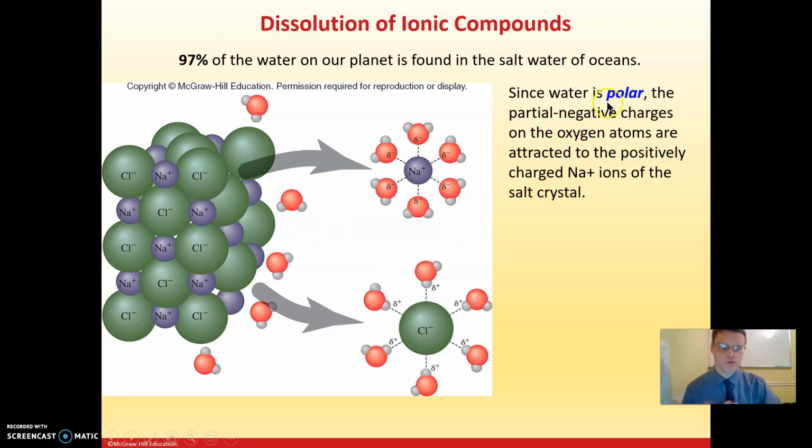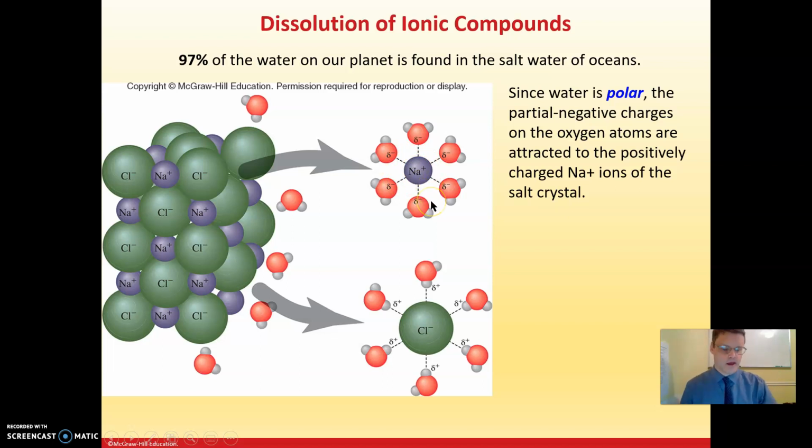This is a little bit about how that happens. Water is polar, and it's going to have both partial negative and partial positive charges. The oxygen atoms, shown here in red, have partial negative charges, so they're going to be attracted to the sodium ions in sodium chloride because the sodium ions have a plus charge.